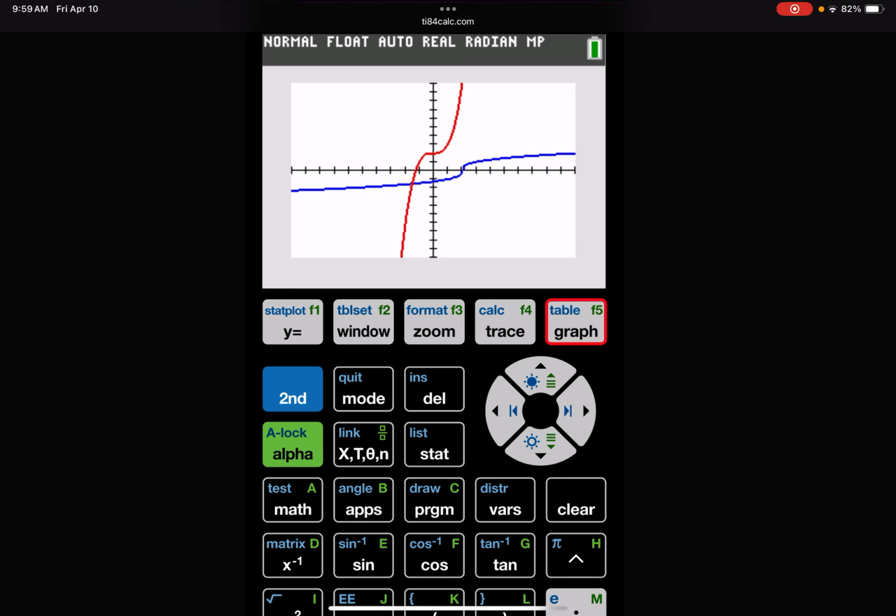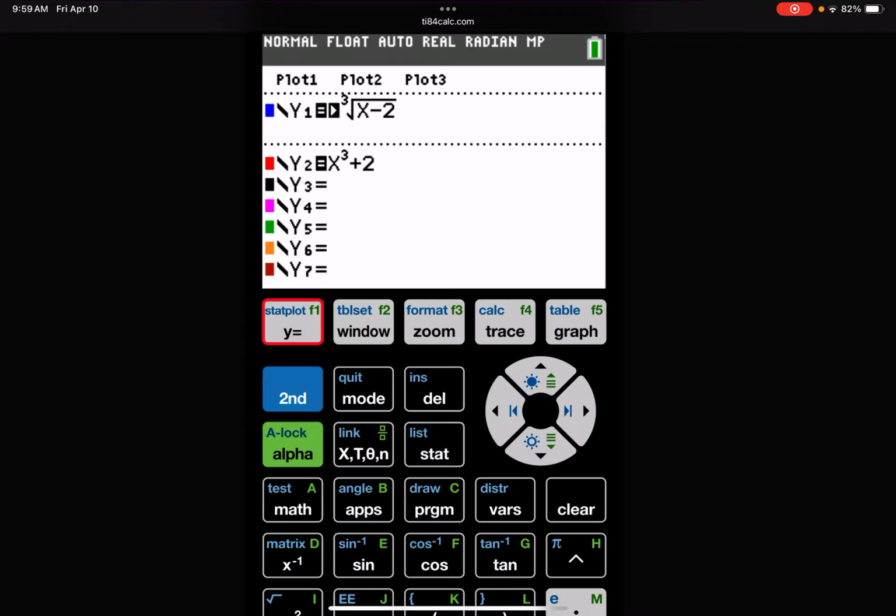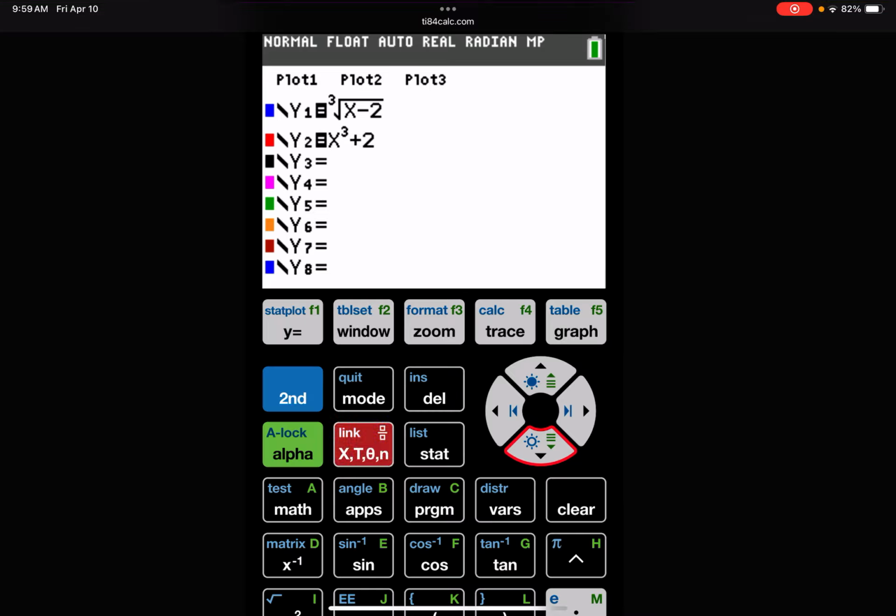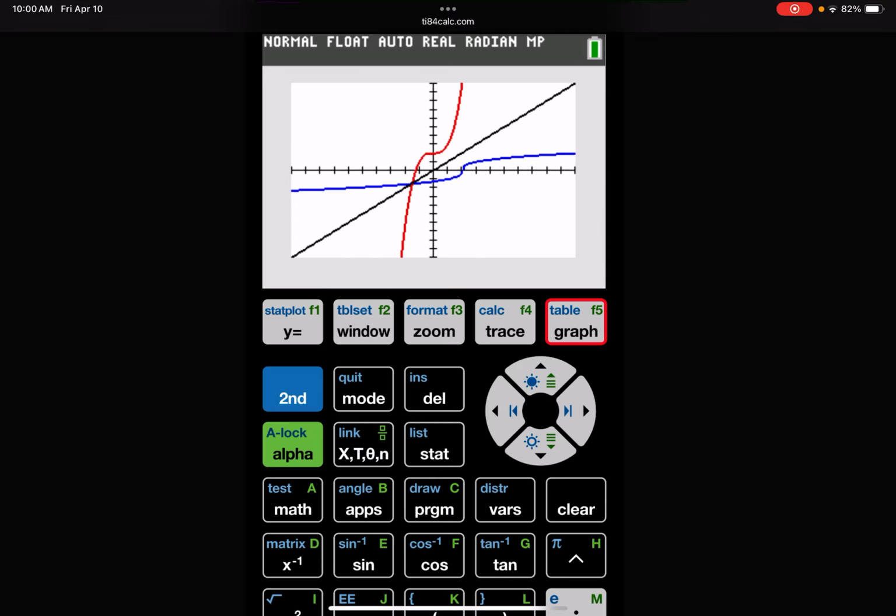So again, you can see in the graph that these are reflections of each other through that diagonal line y equals x. And let me just show you even further. I will go down to y3 and I'll just put x, because that would be for the equation y equals x. And I will hit graph.